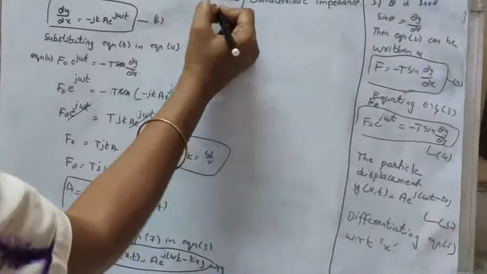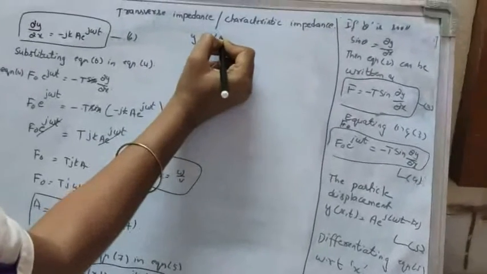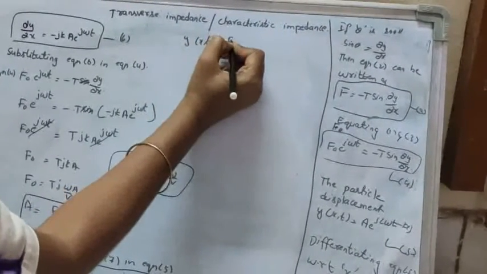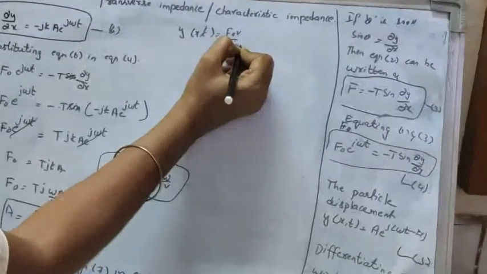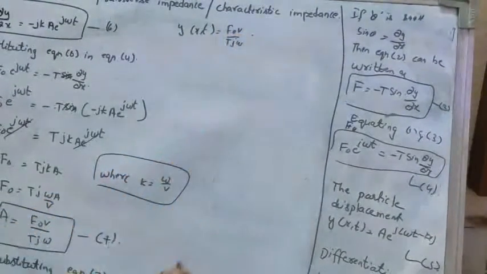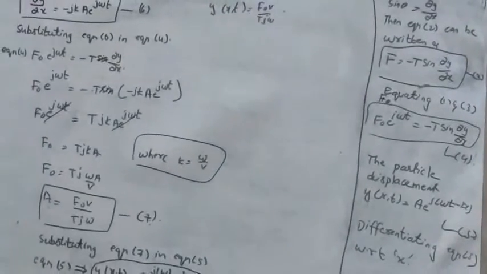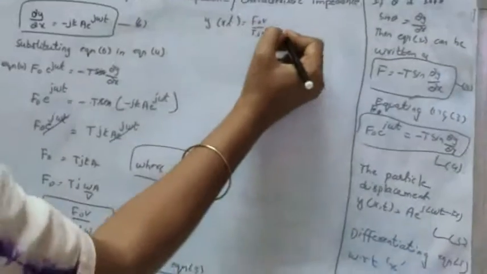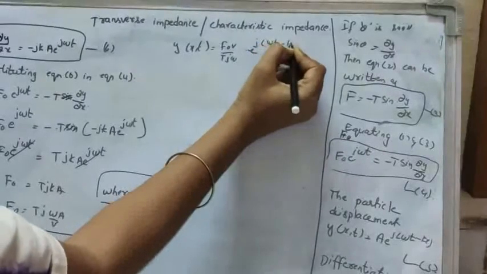Now y of x comma t is equal to, what is the a value? F naught v by t j omega into e power j of omega t minus kx.